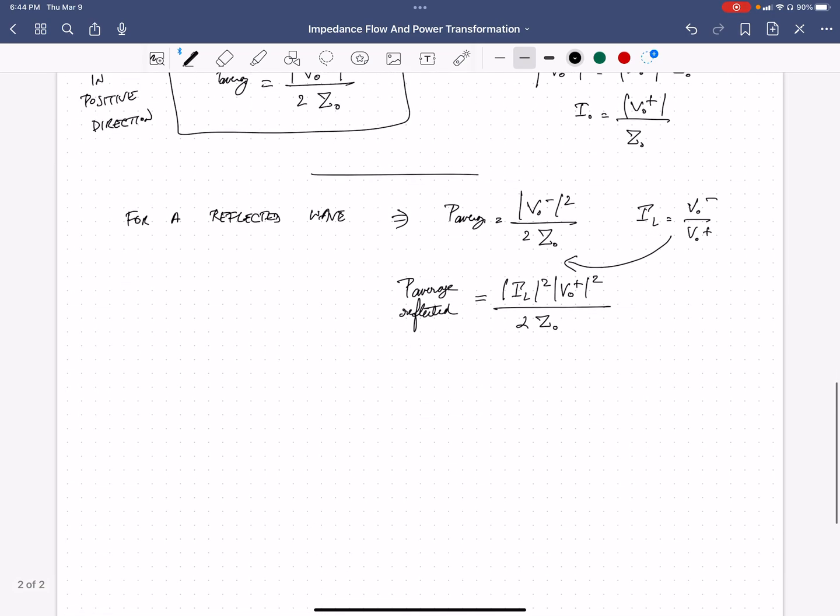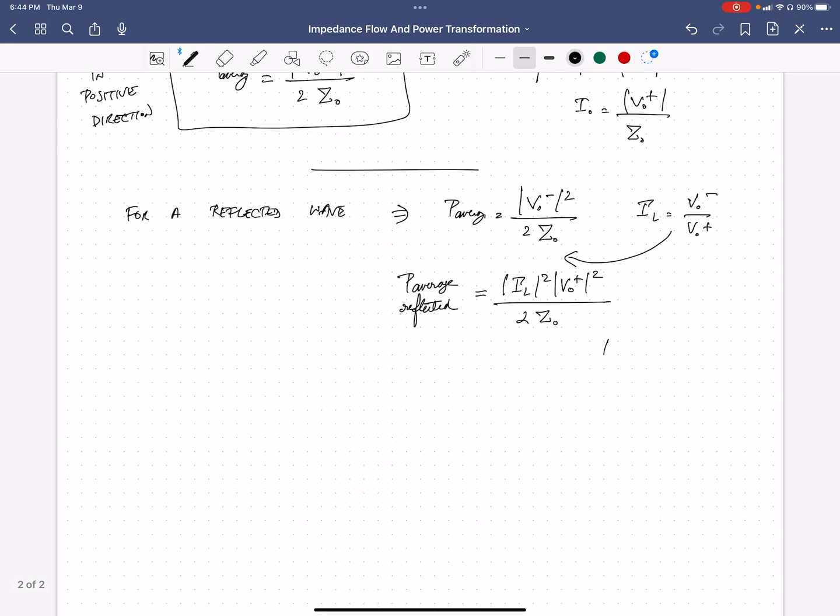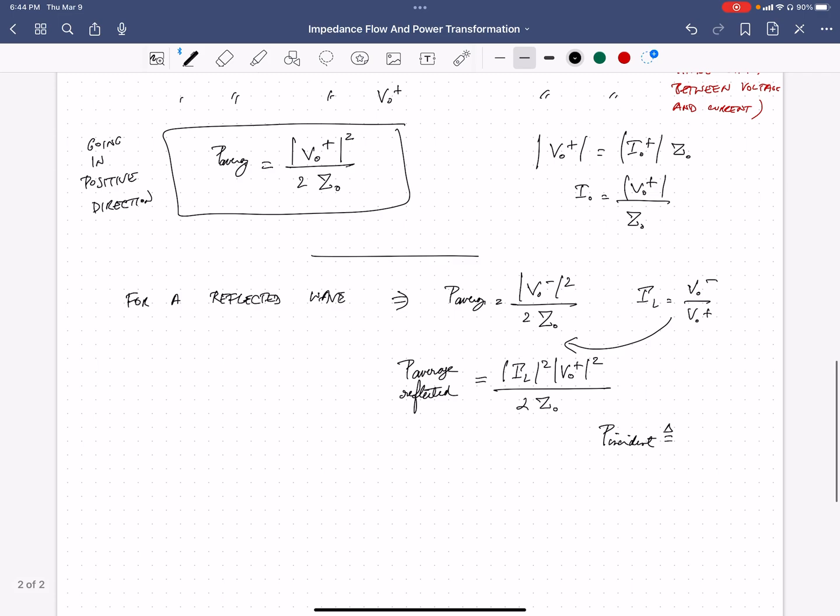So let me define P incident, the incident power, as V0 plus squared over 2Z0, which is this guy.